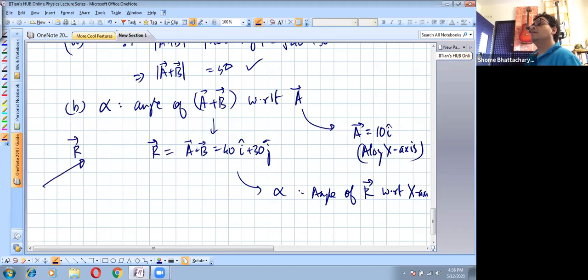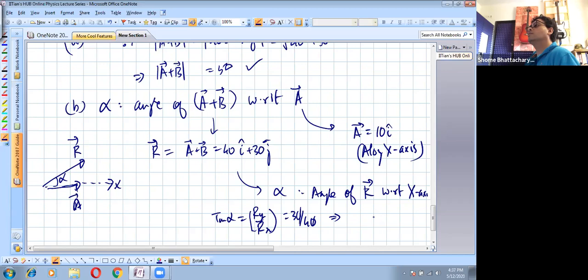With respect to the x-axis, if this angle is alpha, that is the same thing as with respect to A, because A is already lying along the axis. So we know tan alpha is the y component divided by the x component of the resultant. That is 30 by 40 or 3 by 4. So alpha is 37.